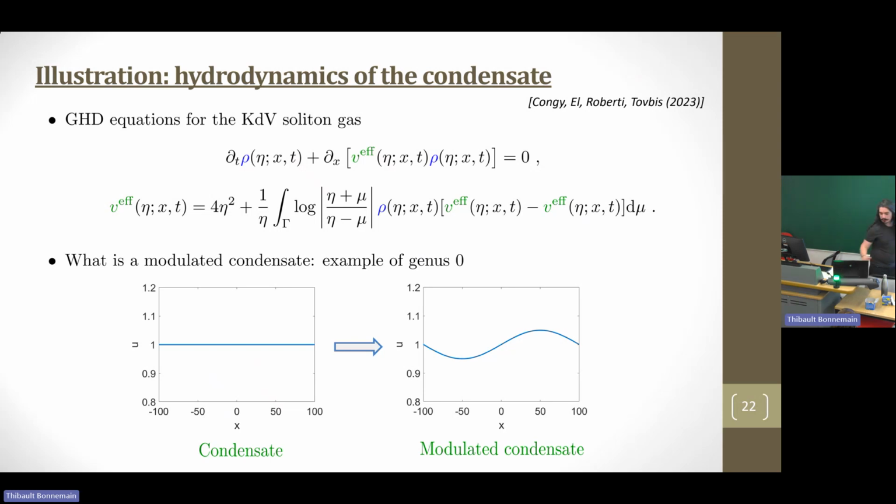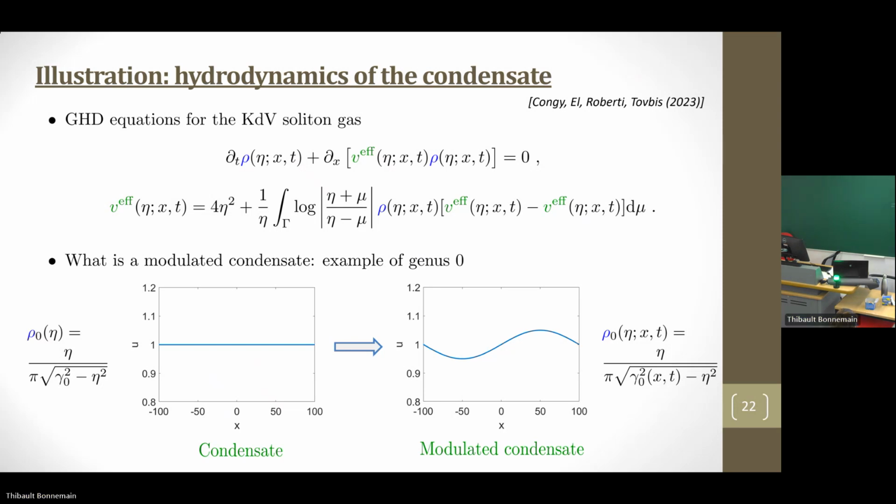So what we are doing with modulation is just putting modulation on the endpoint of the band. Ultimately, this GHD equation for condensates morphs into a set of equations for the endpoints of the spectral support.